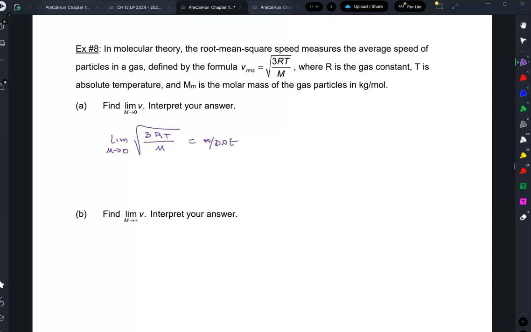So what does this mean in terms of the particle problem here? What's happening?